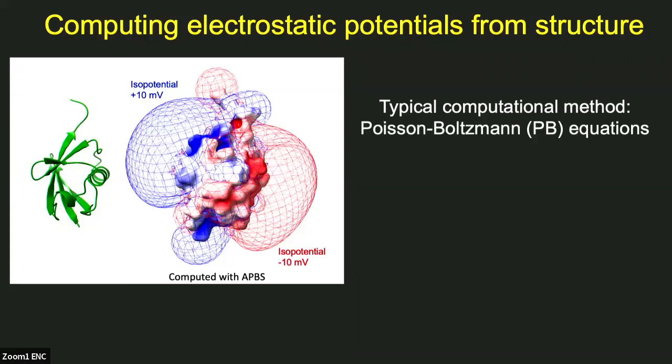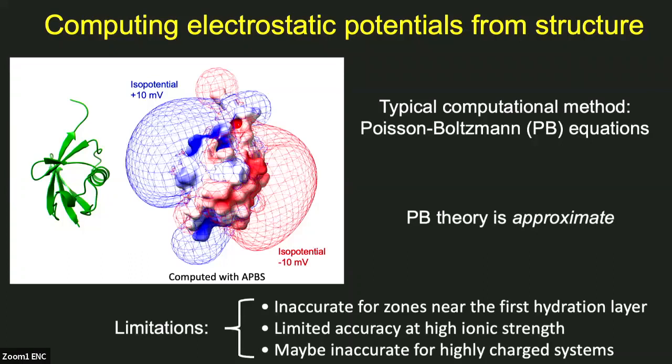That's very convenient, but you have to remember that Poisson-Boltzmann theory is approximate with some known limitations. For example, you may not get very accurate electrostatic potentials for zones near the hydration layer, or for systems highly charged like nucleic acids.